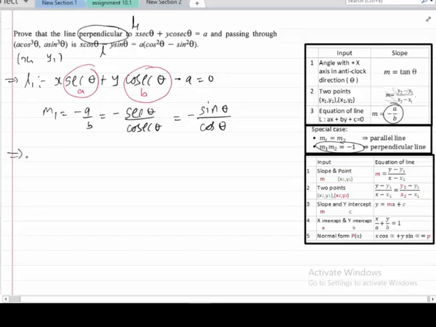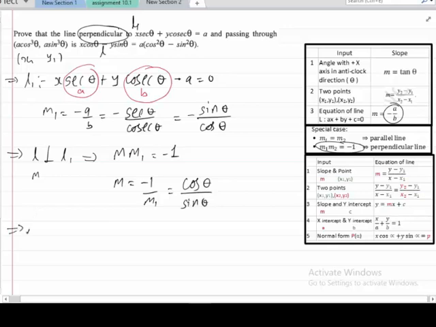Now our required line L is perpendicular to L1. So if we assume that the slope of L is m, then the product of slopes must be minus 1, or we can say m must be minus 1 upon m1. So the slope of line L will be cos theta upon sine theta.